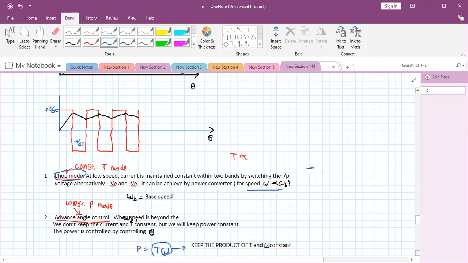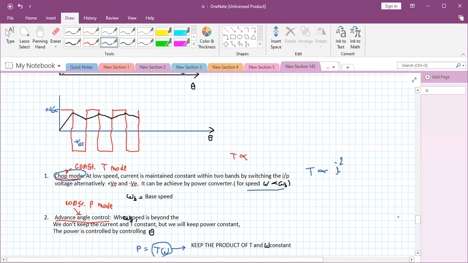Because, as I told you, torque is proportional to I square. In this particular choke mode, your current is approximately constant, just moving within a narrow band, so the torque is constant. So choke mode is also known as constant torque mode.